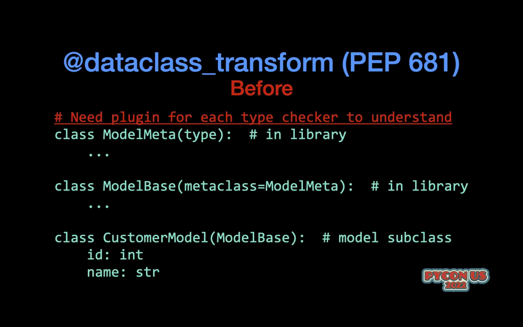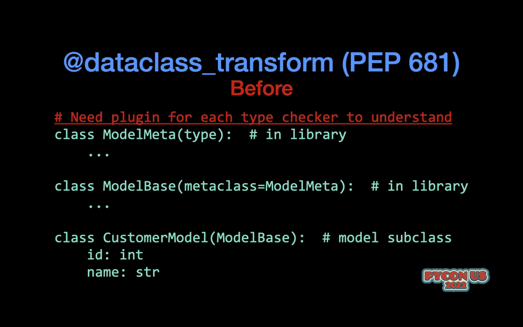Right now, in order for a type checker to support these libraries, a special plugin has to be written for each library and each type checker. So a lot of times these plugins simply don't get written.